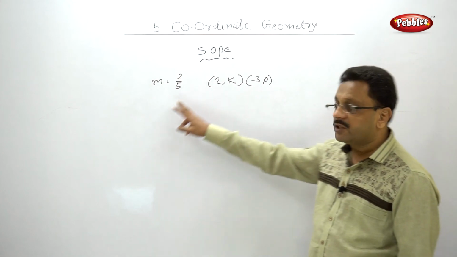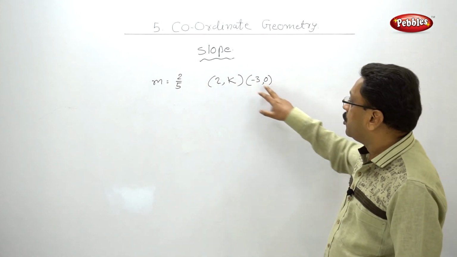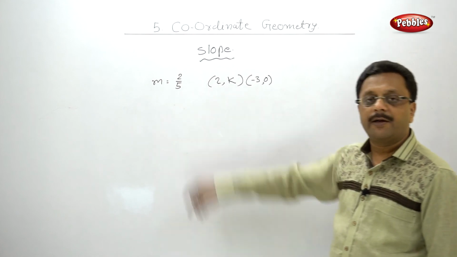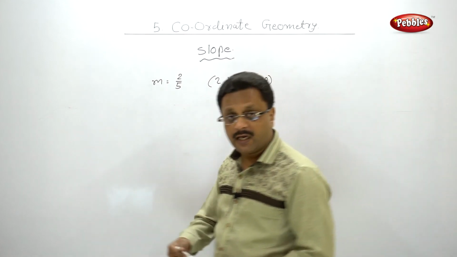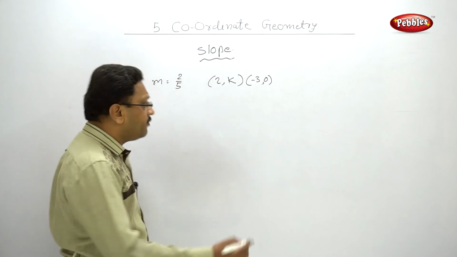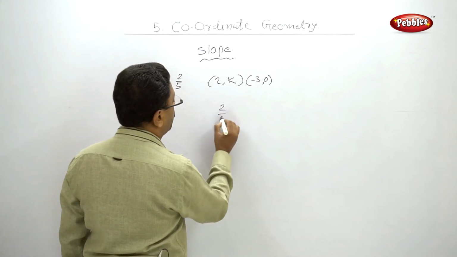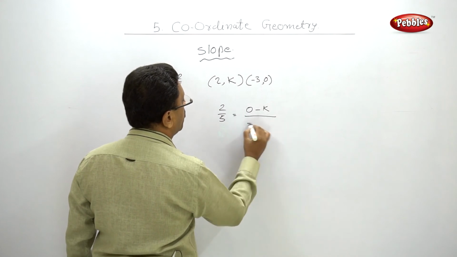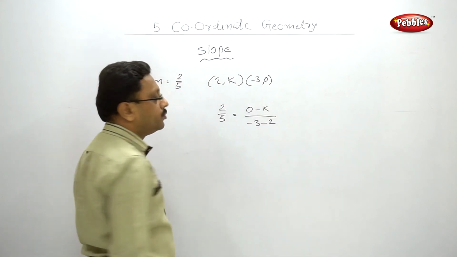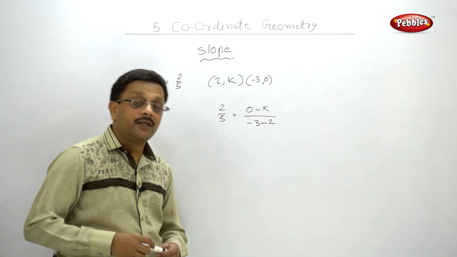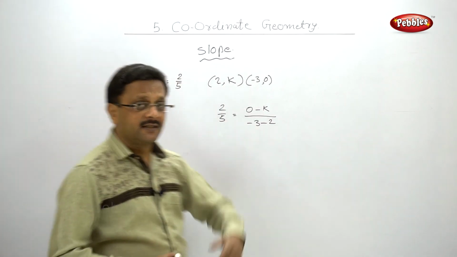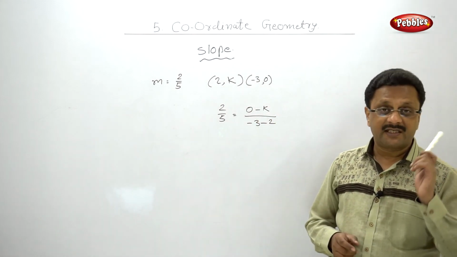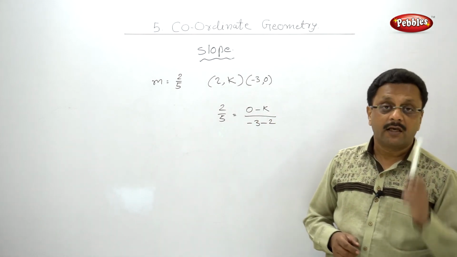Correct? Now in this case, 0 minus k upon minus 3 minus 2 is equal to 2 upon 5. Can't you find out the value of k in this case? Very, very simple. Whenever so many minus signs come into picture, students tend to make mistakes. Do not make sign mistakes.